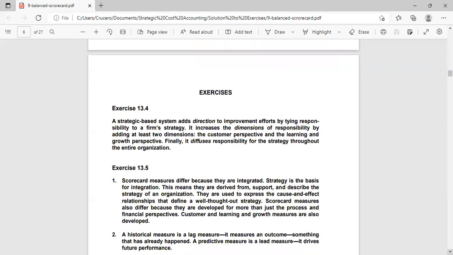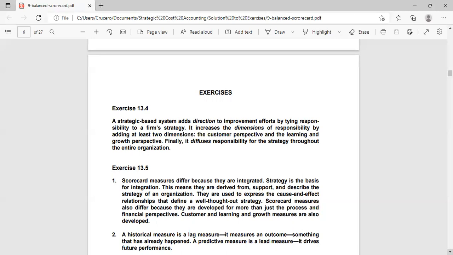13-5 here. Scorecard measures differ because they're integrated. Strategy is the basis for integration. This means that they are derived from and describe the strategy of an organization. They are used to express the cause and effect relationships that define a well thought out strategy.